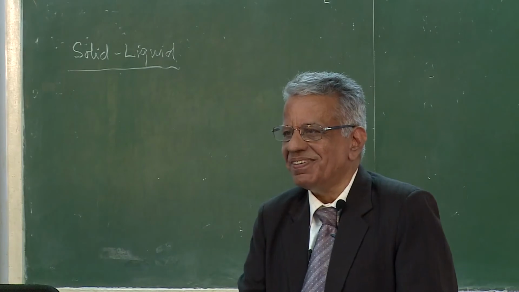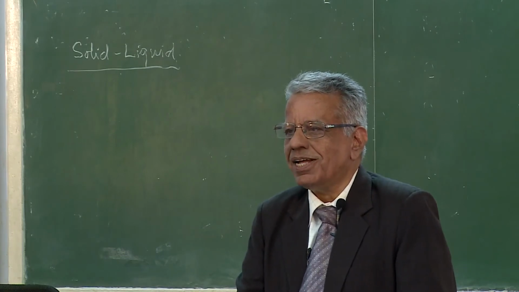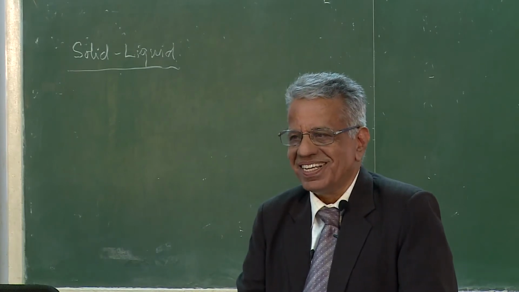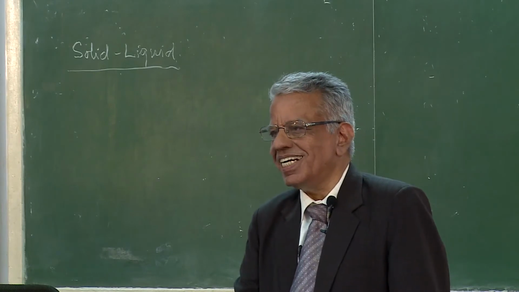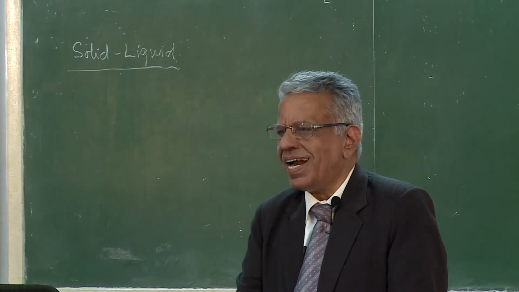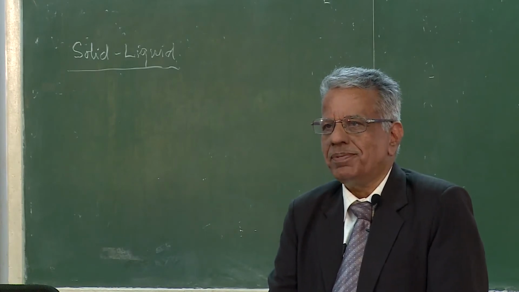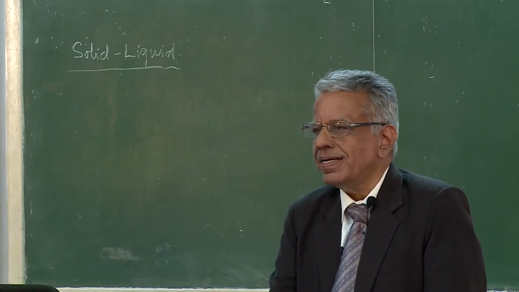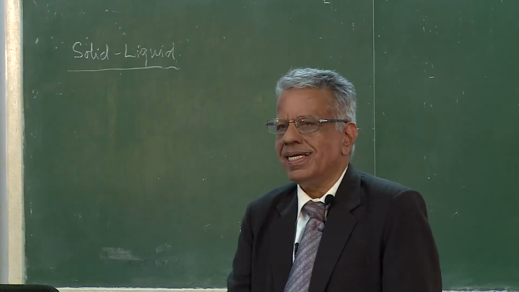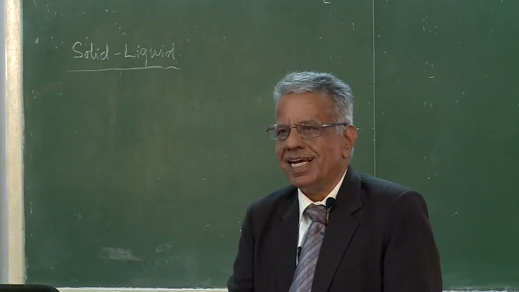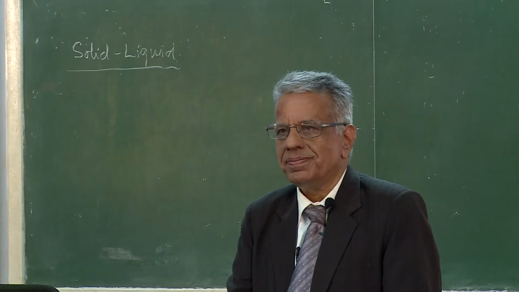Leaching is done. So, leaching is a solid liquid reaction. Whenever we say leaching, it is a solid liquid reaction. There are a variety of names given to different unit operations. You can call it leaching, but it is basically a solid liquid reaction.